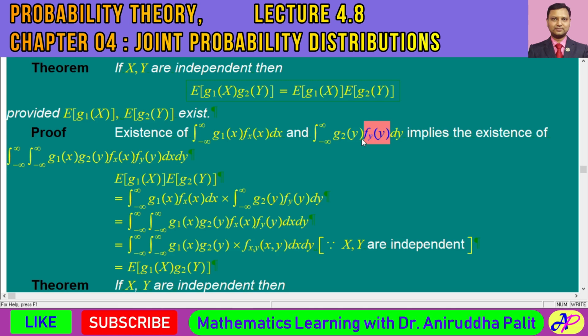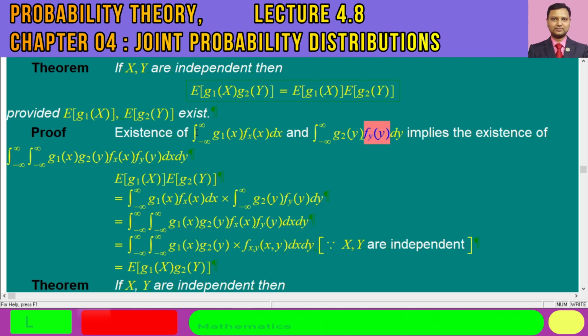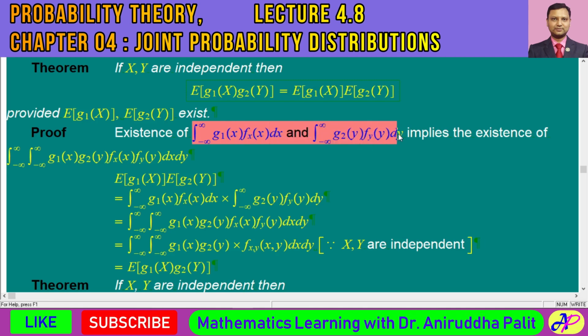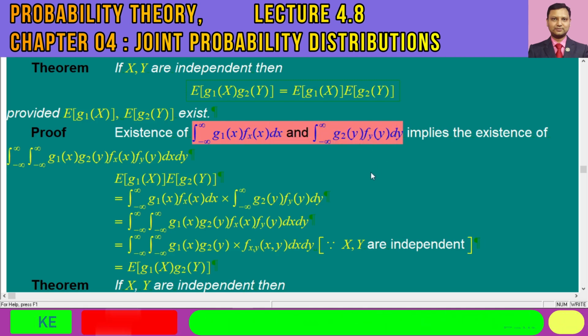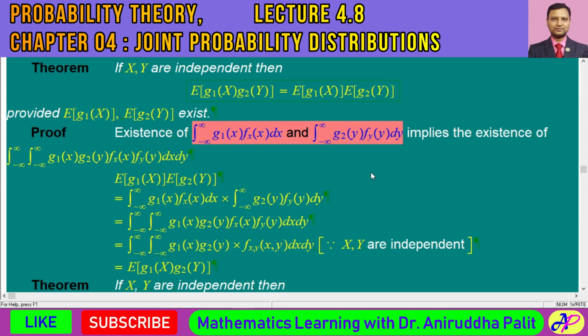As per the definition of these two expectations, these two infinite integrals must be absolutely convergent.